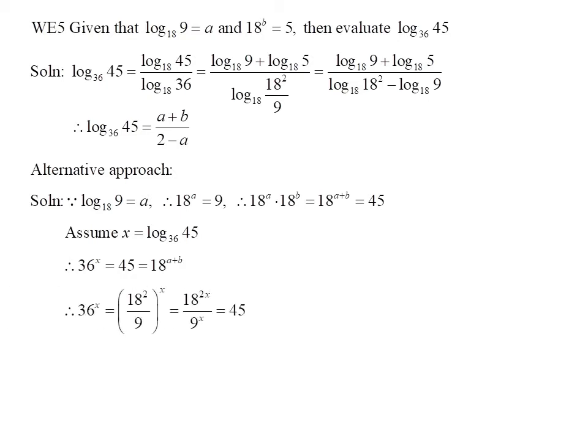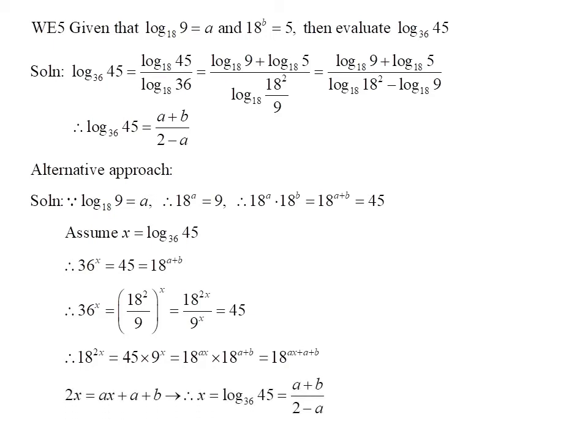So 36 to the x equals 18 squared divided by 9, all in parentheses to the x, which equals 18 to the 2x over 9 to the x, which equals 45. Therefore, 18 to the 2x equals 45 times 9 to the x, which equals 18 to the ax times 18 to the sum of a and b.